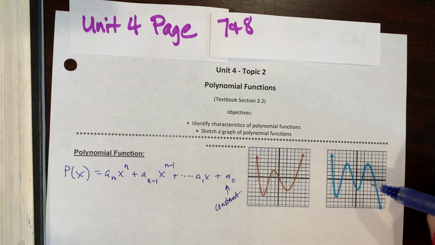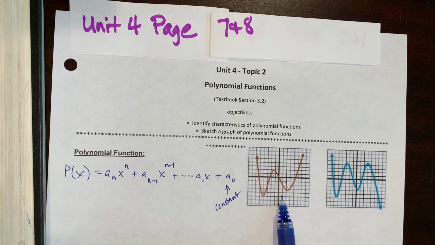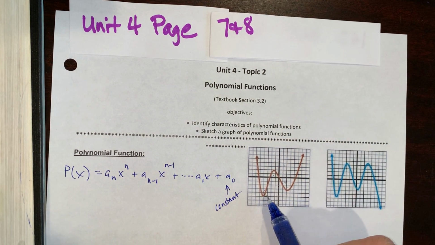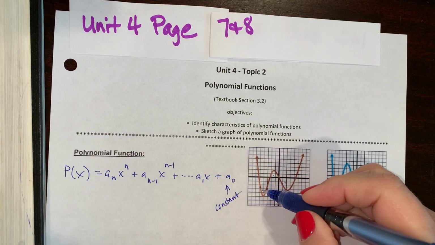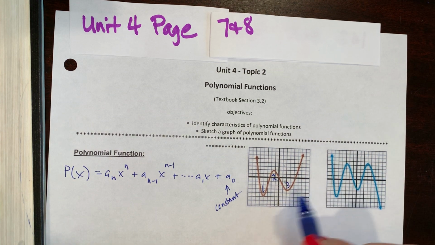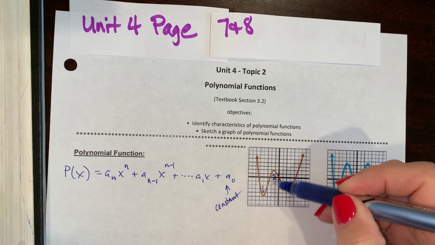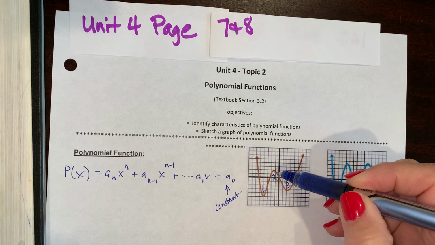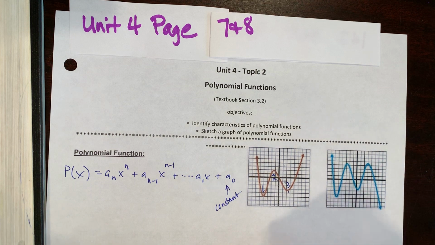Okay, so for this particular graph there are some really cool ways to figure out its degree. For instance, on this graph, I can count 1, 2, 3 bends or loops. This is a valley, that's a hill, that's a valley.